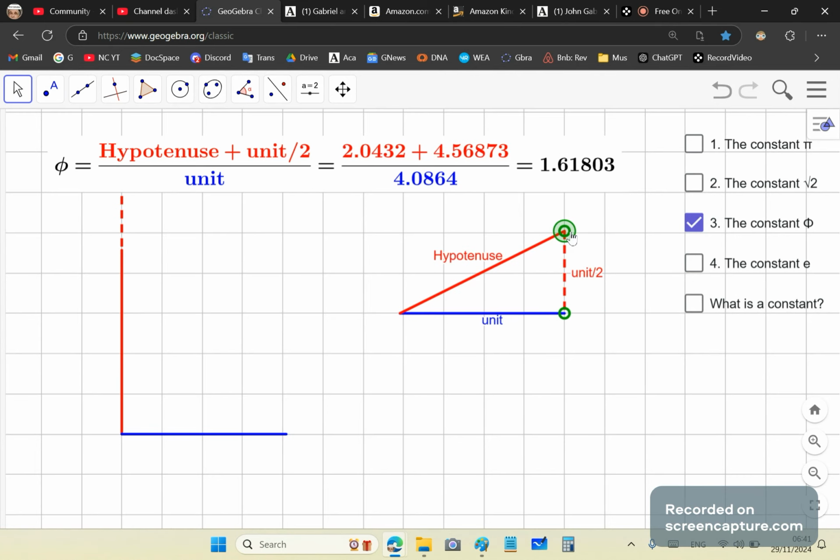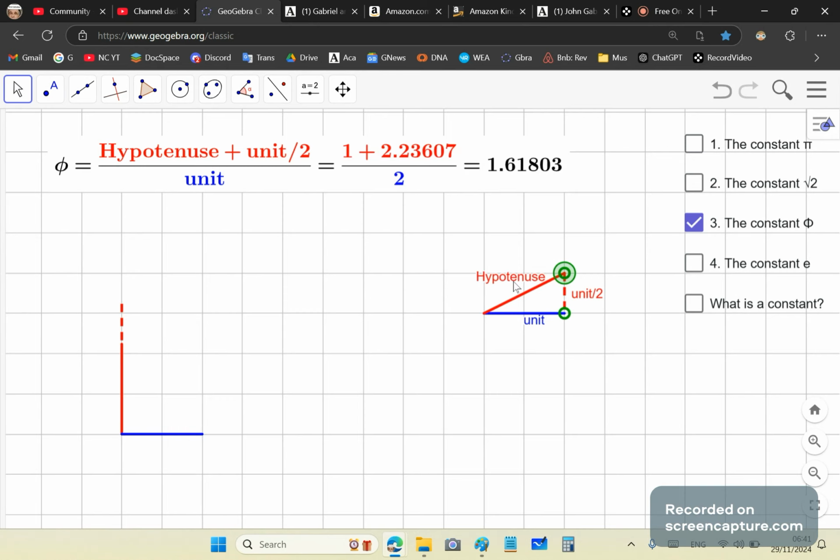So this hypotenuse is not phi, as you've mistakenly been taught. For example, if you have that, your calculus teacher will tell you that this here is square root 5. Absolute rubbish. It's not.